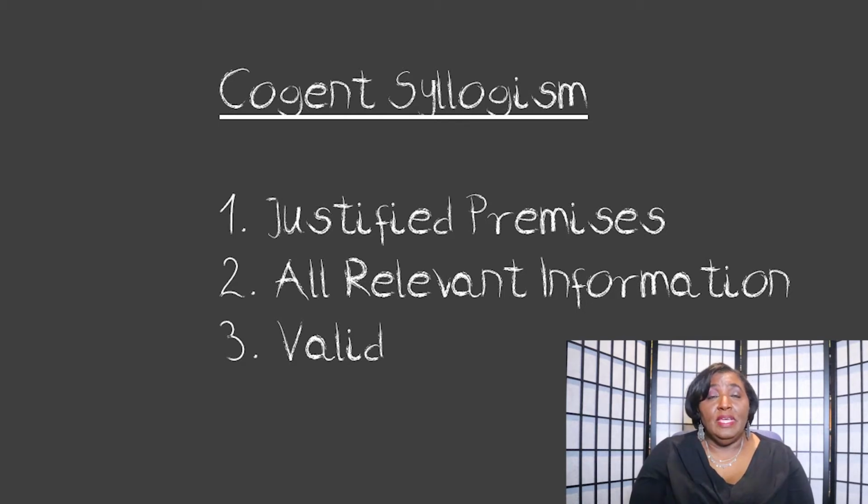2. It must have all relevant information. For example, it's not enough to say that if it has feathers, 2 legs, and a beak, it's a duck. It could be any bird. That's not enough information to prove duck. And 3, it has to be valid, which means that the premises lead necessarily to the conclusion, or that accepting the premises warrants accepting the conclusion.